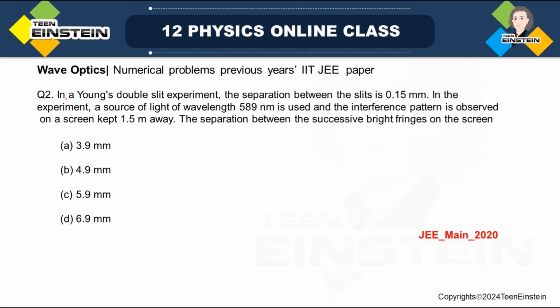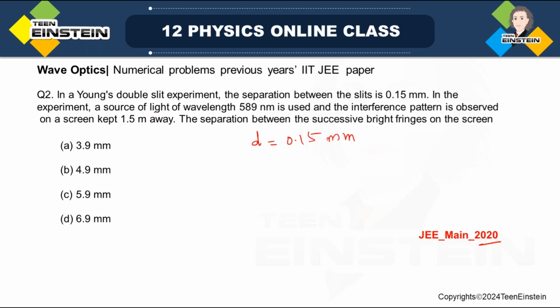So the question number 2, this is also from JEE Mains 2020. In a Young's double slit experiment, the separation between the slits, d, is given as 0.15 millimeter.